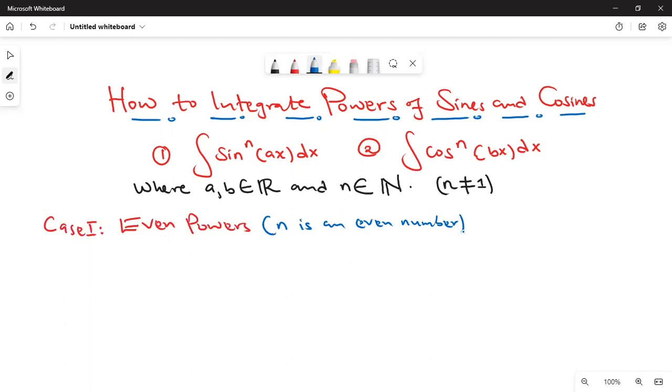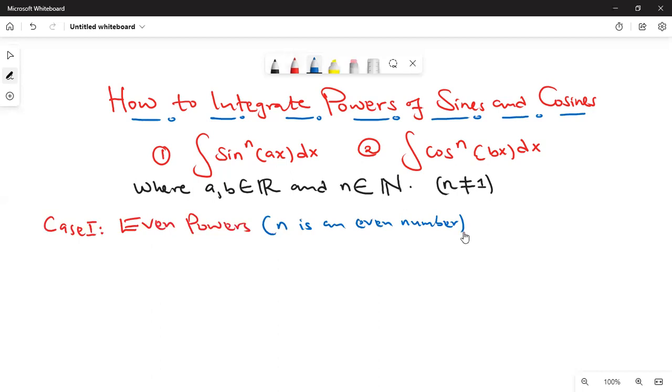So what are we supposed to do in this case? We are going to use these trigonometric identities. I'm going to list them down. Why are we using such trigonometric identities? Because we need to express the integrand in terms of cosines or sines of multiples of the angle x.